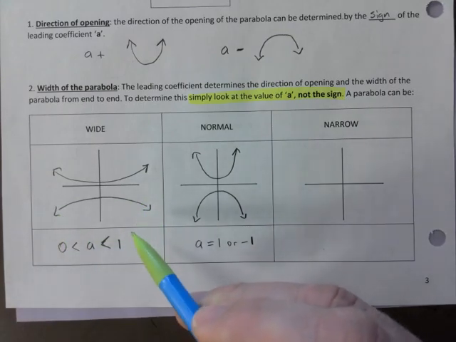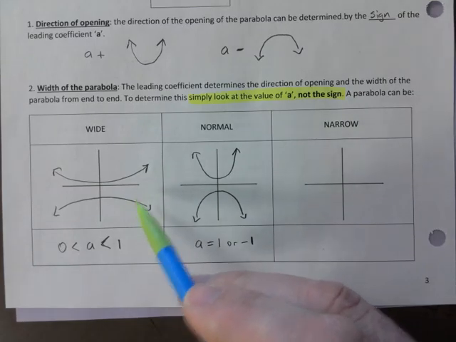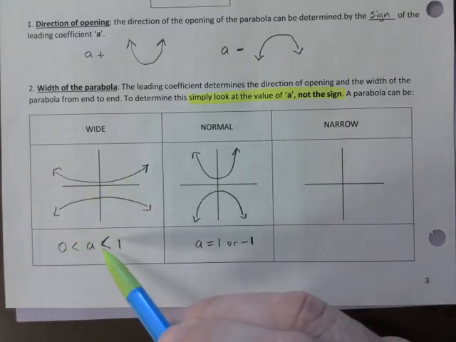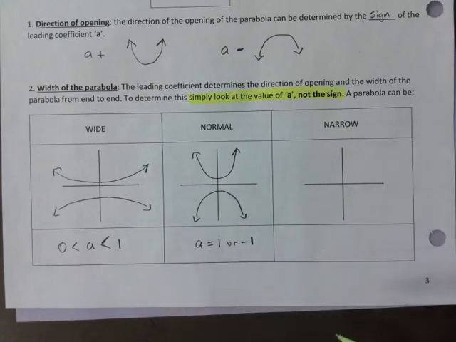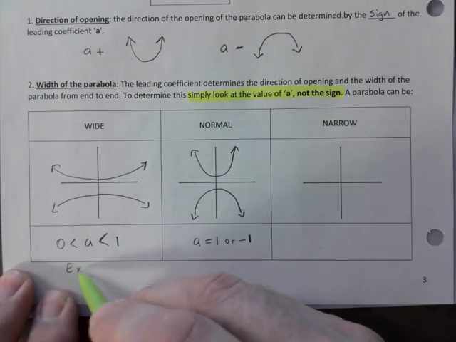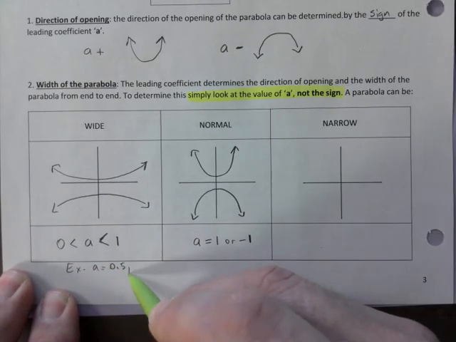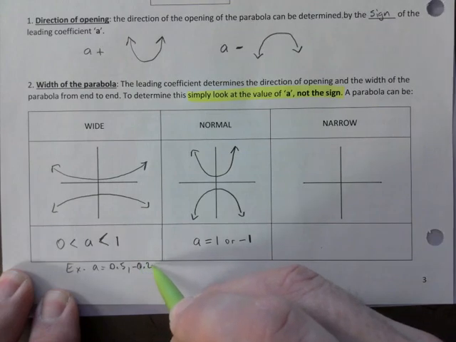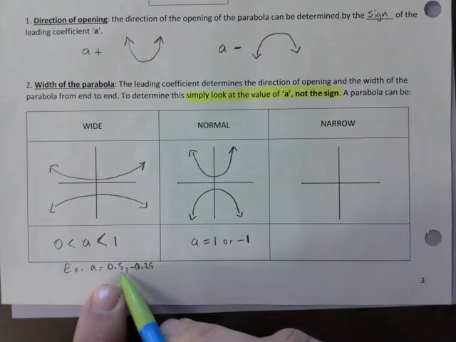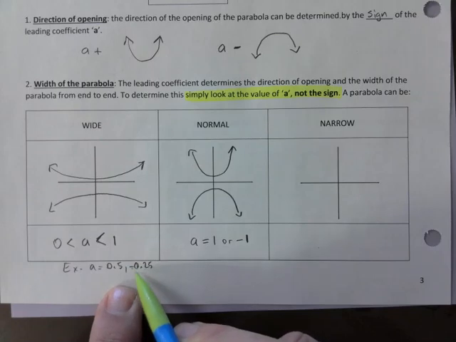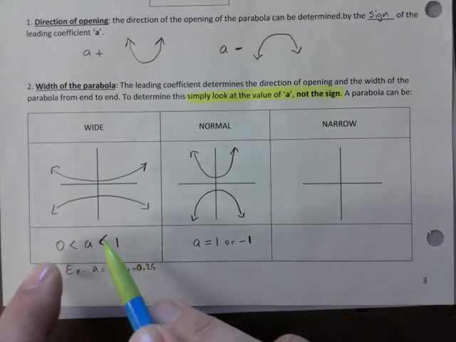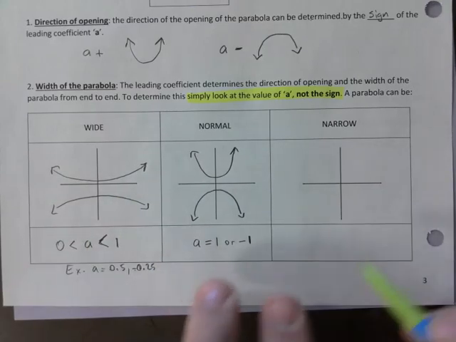That's based on the sign. And then the width itself has to do with the value. So for example, if you have A equal to 0.5 or negative 0.25, anything that's in between 0 and 1, forget the sign, just the value itself. Anything between 0 and 1 gives you a wide parabola.